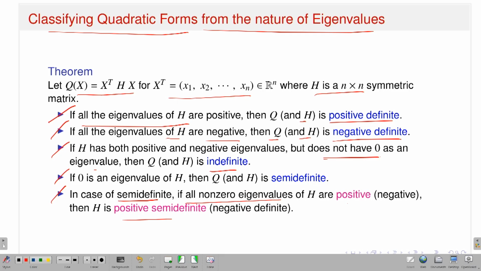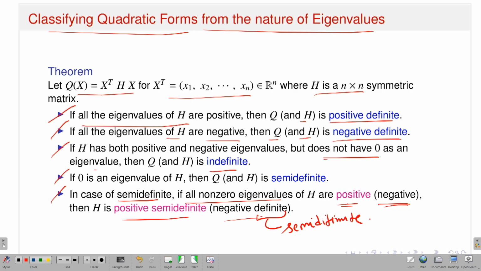I have written it in one sentence: if all non-zero eigenvalues of H are positive or negative. If all positive, it is positive semi-definite. If all negative, it is negative semi-definite. The slide says negative definite, but that is a typo; it should be semi-definite.